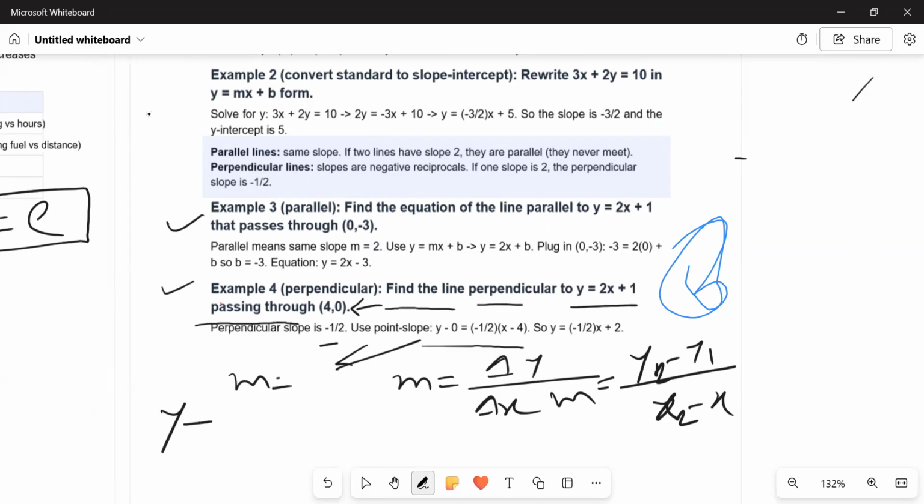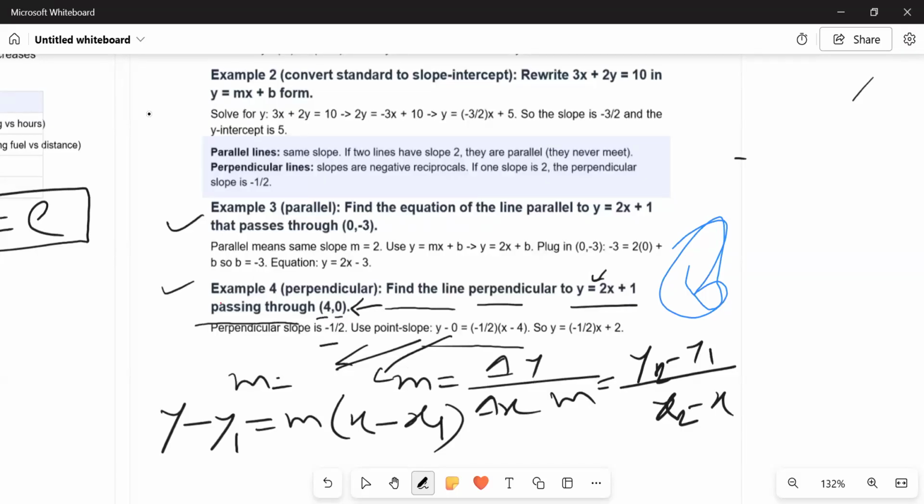So it's like y minus y1 is equal to m times x minus x1. And if you plug in the values of x1 and y1, you will get the equation perpendicular to the equation of this.